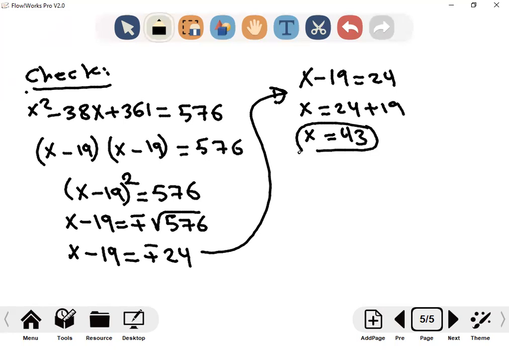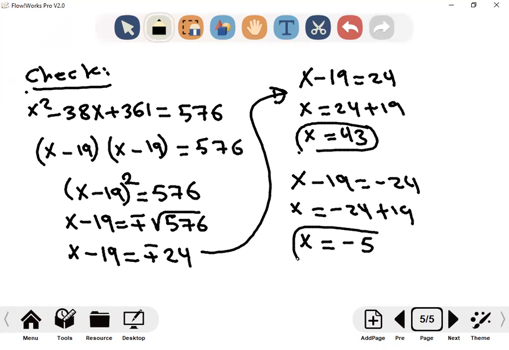Or the other side, negative 24: x minus 19 equals negative 24, x equals negative 24 plus 19, x equals negative 5. So the two answers are either negative 5 or 43. Always this way we have it.